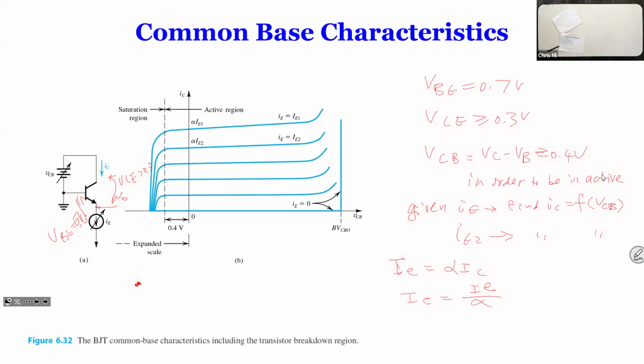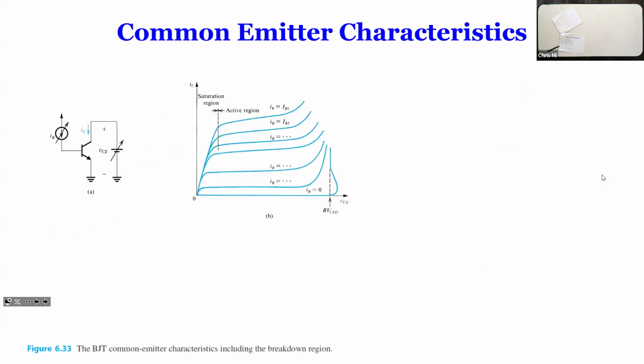Now we have two more things to talk about. This one measures a common emitter. The previous one is common base, now it's common emitter. What we're measuring is the relation of IC as a function of VCE.